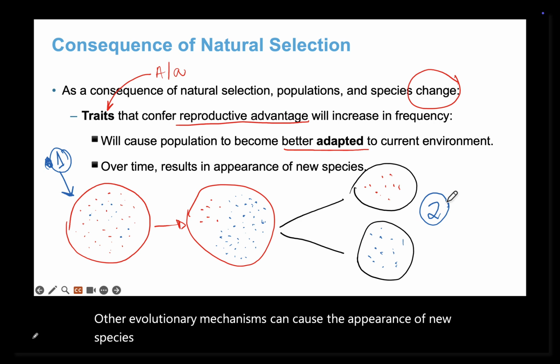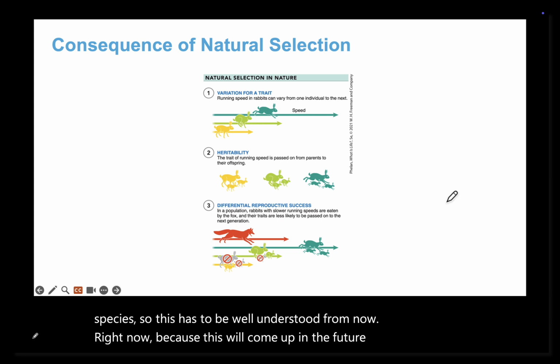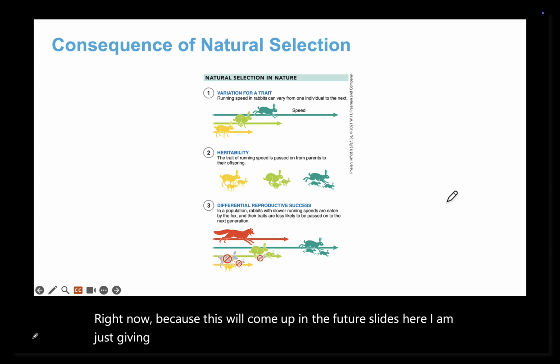So this has to be well understood right now, because this will come up in the future slides. Here I am just giving you a different example of how natural selection works in nature.